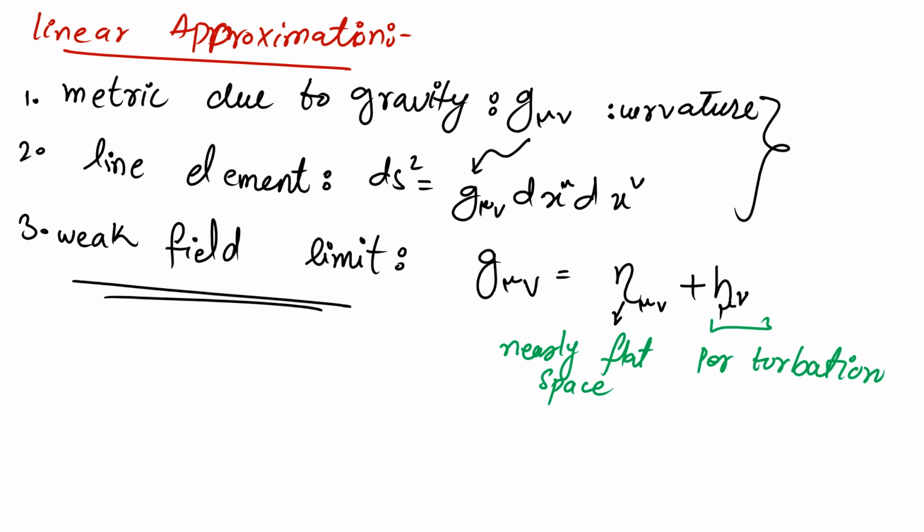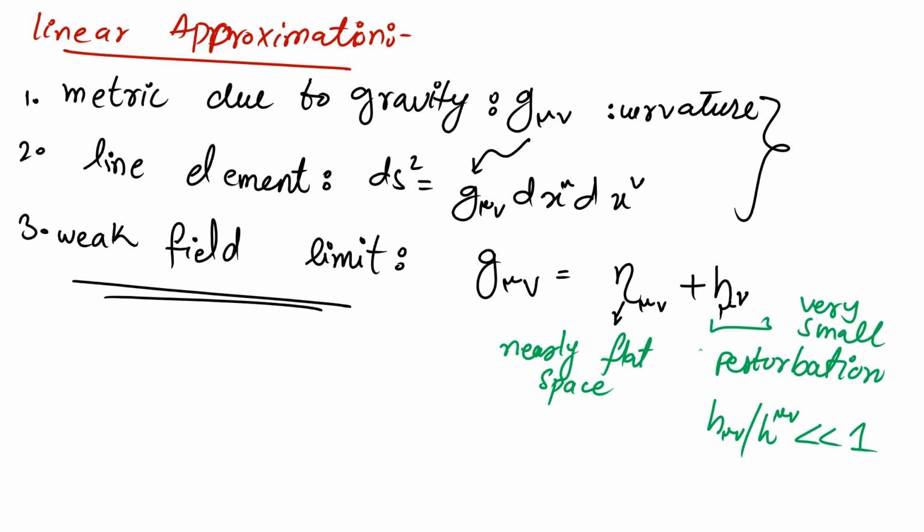Let me change this to a very small perturbation. What I mean by very small is that the value of this h mu nu, in both contravariant and covariant form, will be very much less than 1.